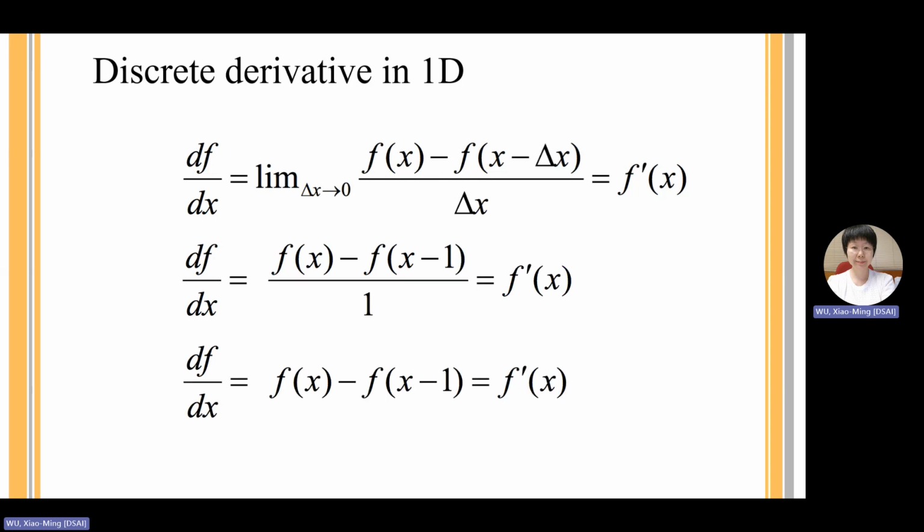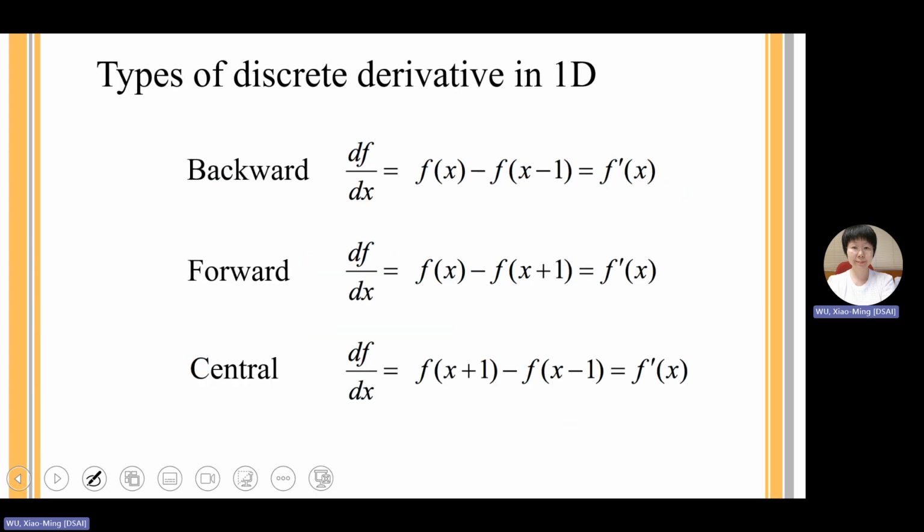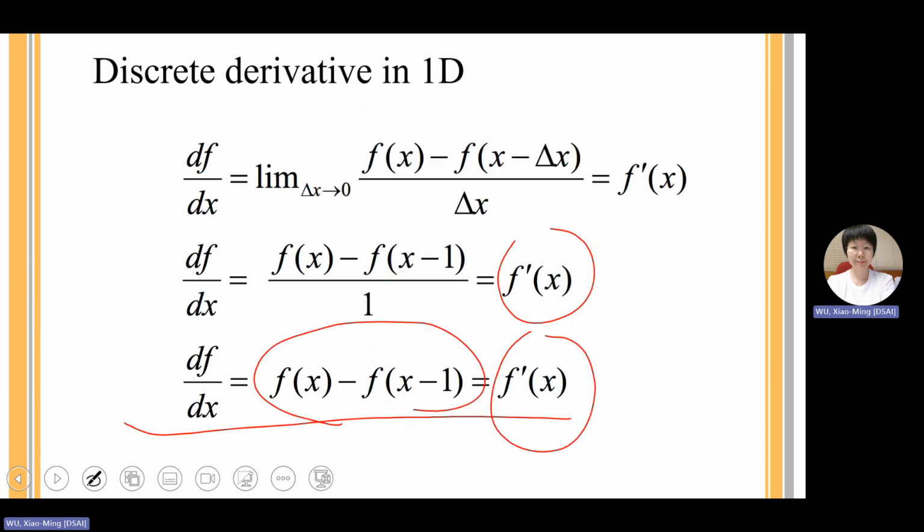Okay, so this is our image derivative, the one-dimensional image derivative. It's exactly the differences between two neighboring pixels. And like we said before, there are multiple ways to define such derivatives. This is the typical way, and we call this the backward filter.